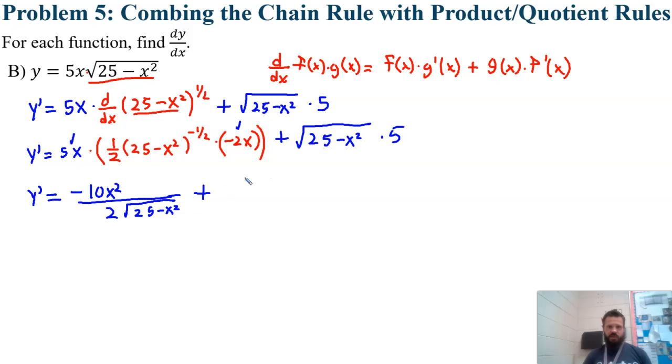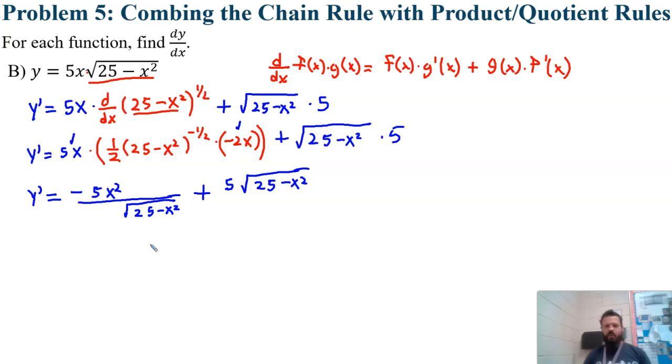All right, plus 5 square root 25 minus x squared. And I suppose what we could do here with the 10 and the 2, I'm going to take care of those in line, those will reduce down and leave me with just a negative 5x squared. Okay, so we've got our like terms combined, we've got the multiplication taken care of.